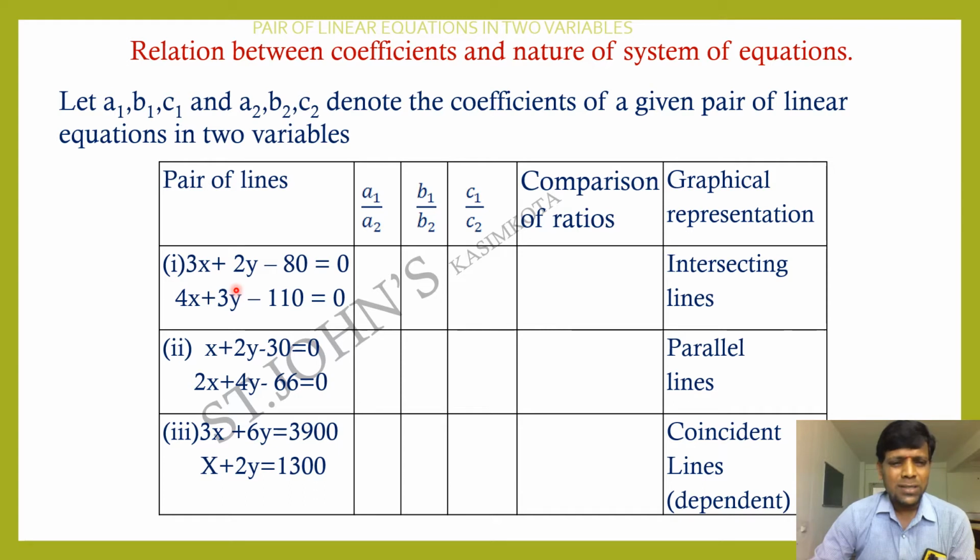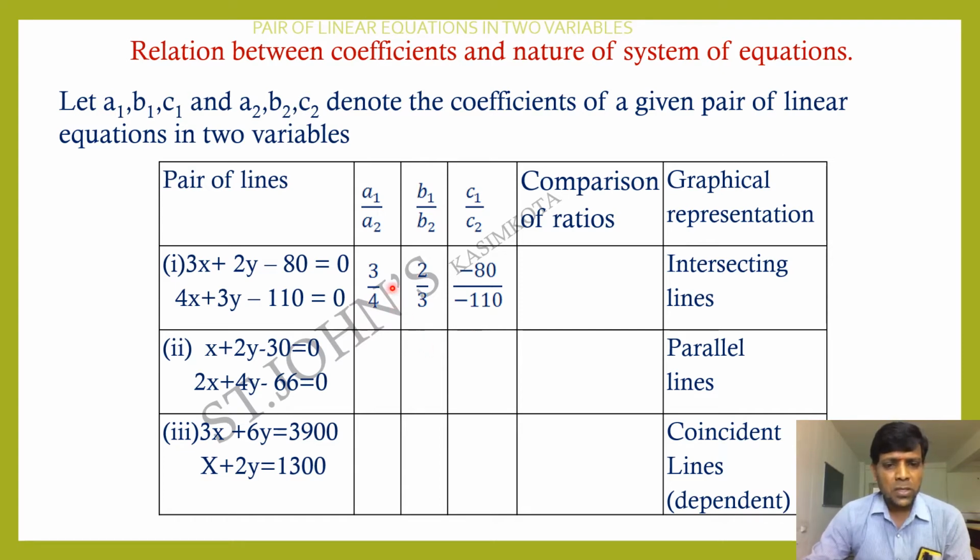Substituting these values: a1 by a2 means 3 by 4, b1 by b2 is 2 by 3, c1 by c2 is minus 80 by minus 110, so the minus signs cancel. Clear?